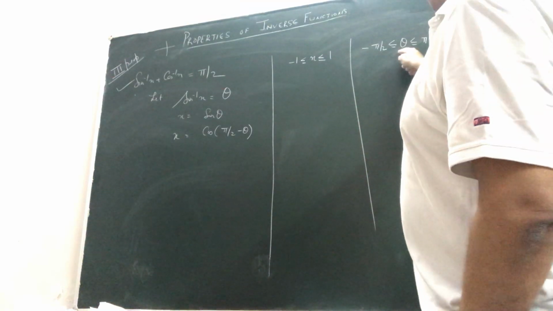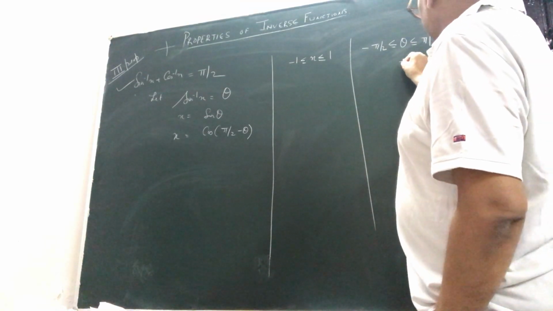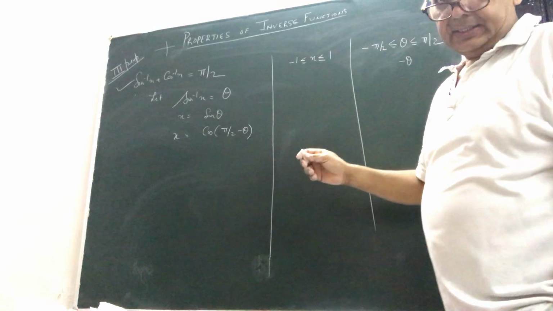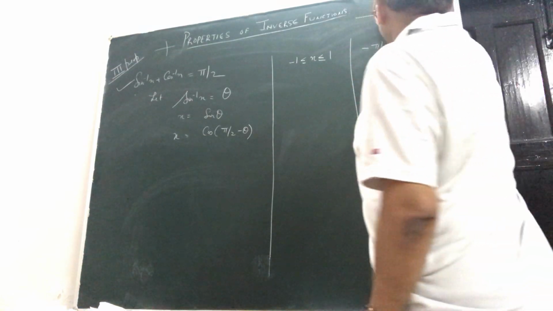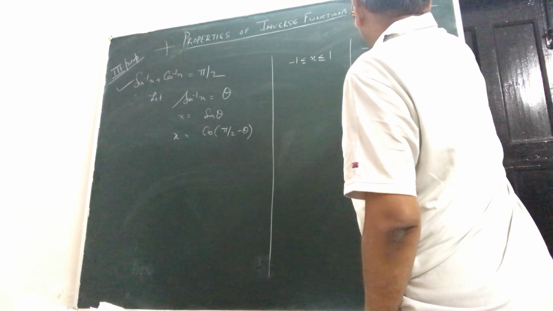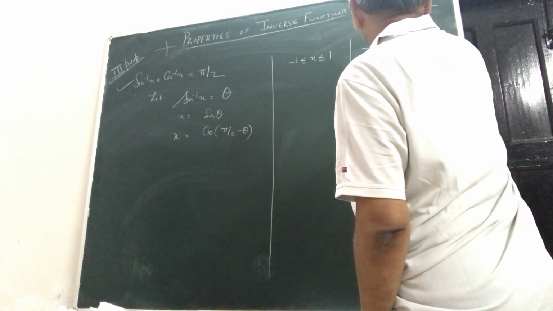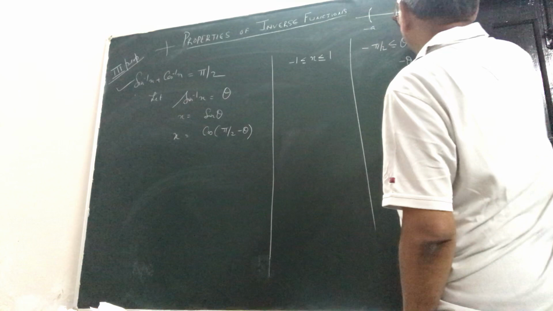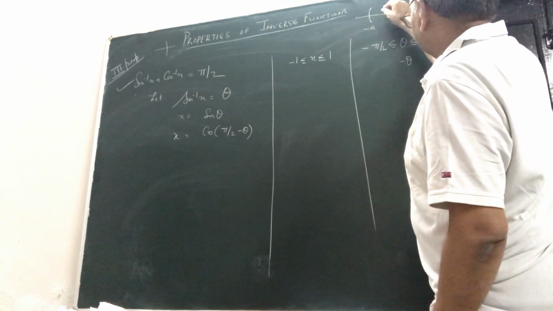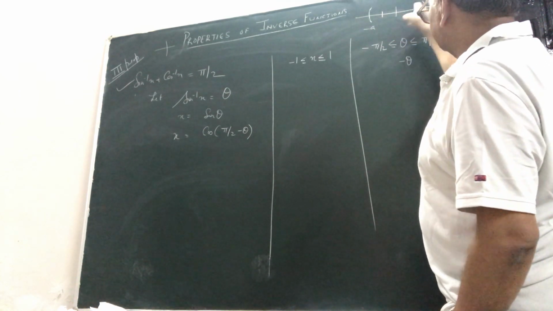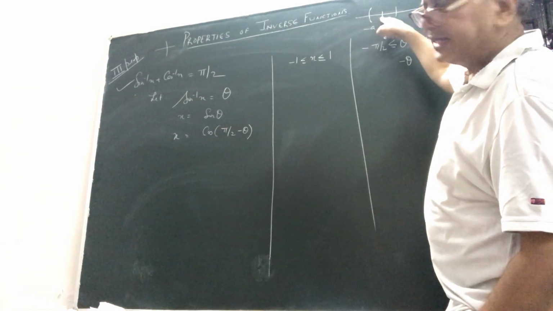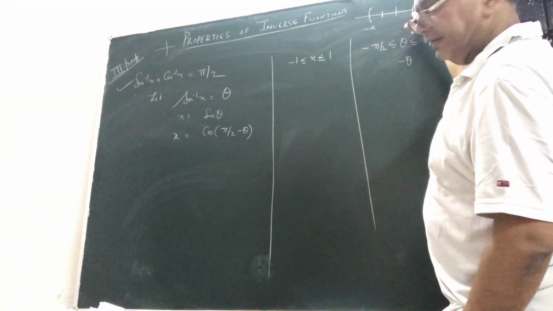So theta lies between minus pi by 2 and pi by 2, so minus theta will lie in the same range. Again see, it is simple. Please remember, if a number x is lying between minus a to plus a, either it will lie on this side or that side. If it is lying here, its negative will be on the other side at the same distance.